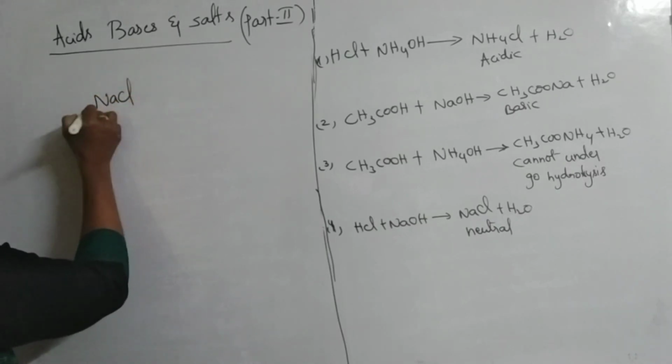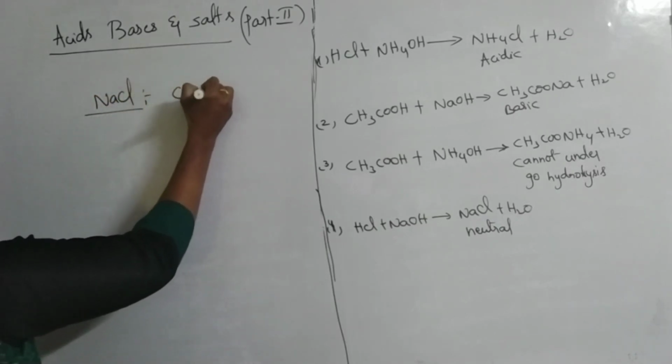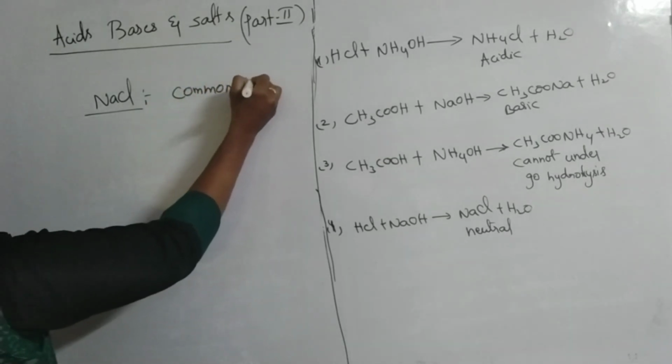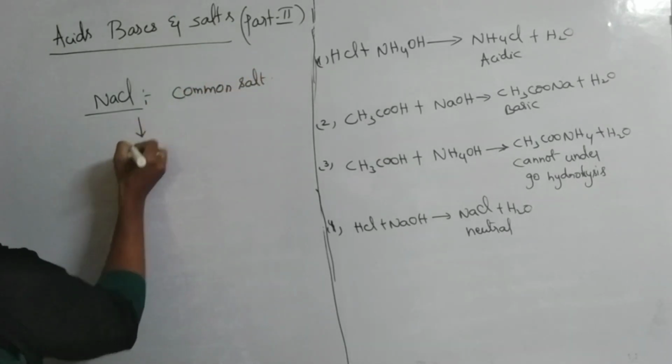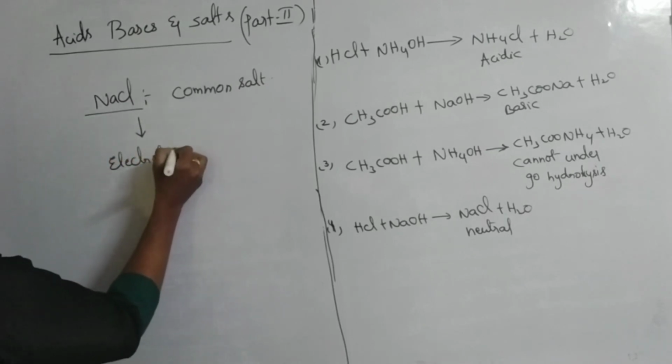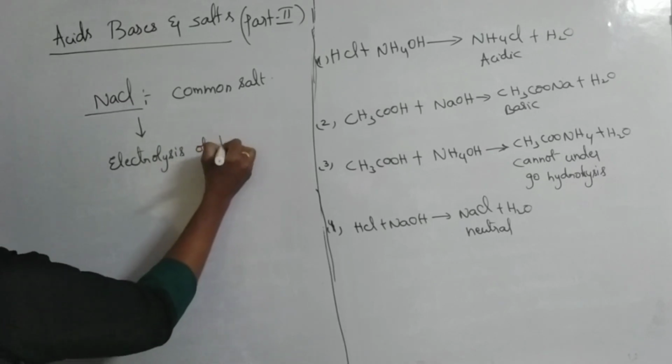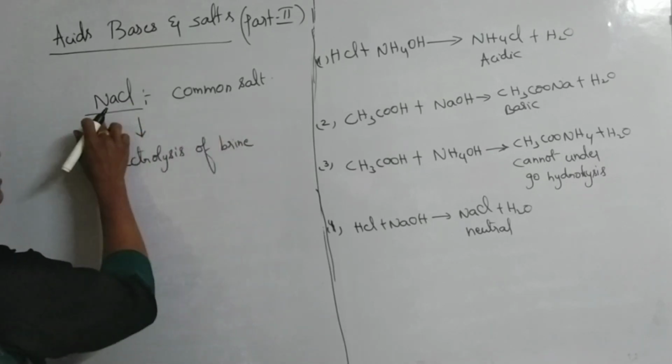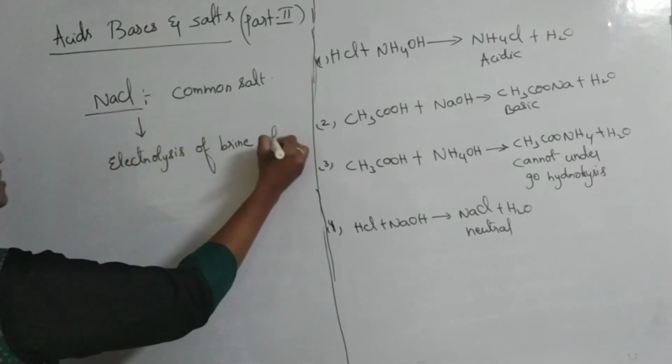NaCl is the common salt, you know. Now if you perform the process of electrolysis of brine solution, this aqueous solution of NaCl, you call it brine solution.